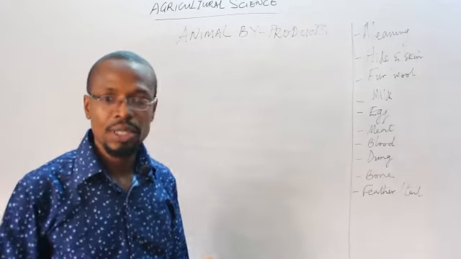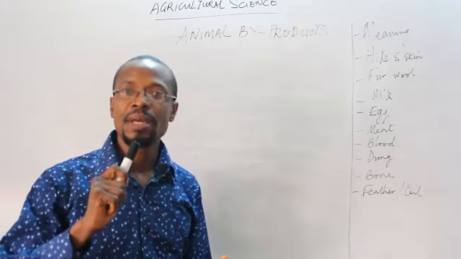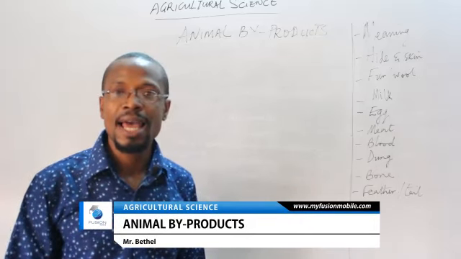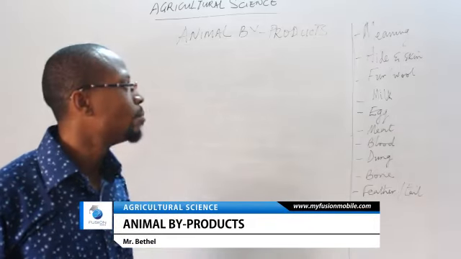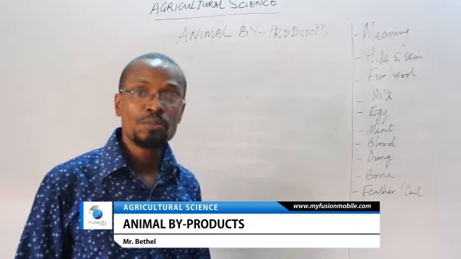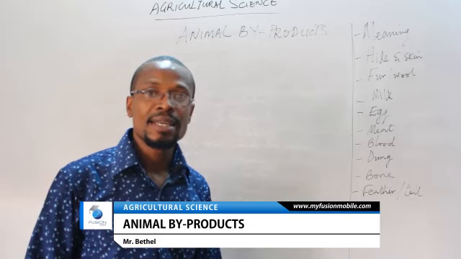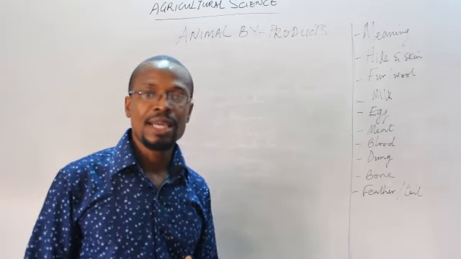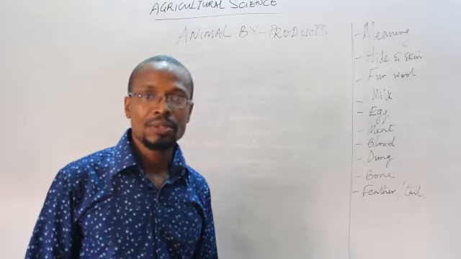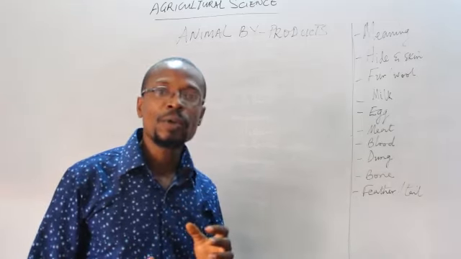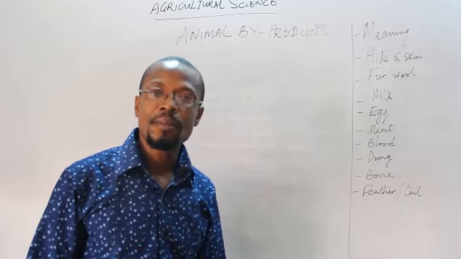In pharmaceutical industries, we use them in production industries, in factories, in the making of fertilizers, and a whole lot more. So byproducts simply means those products that we get directly from animals.